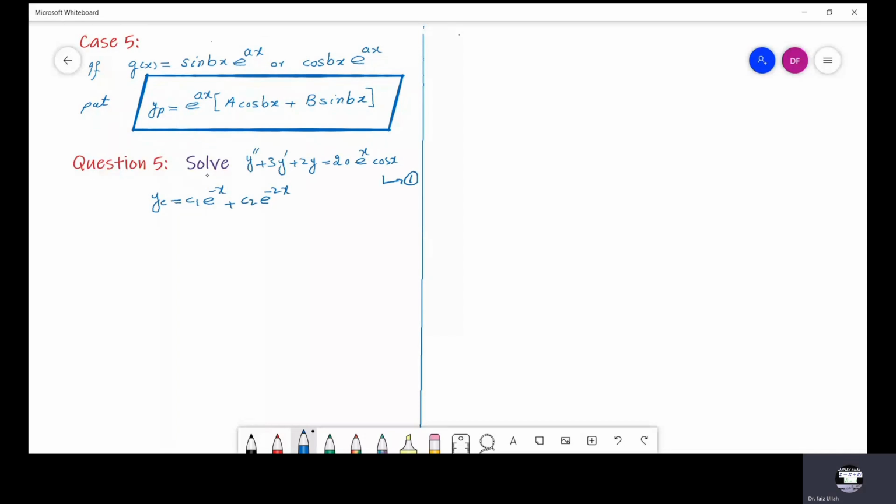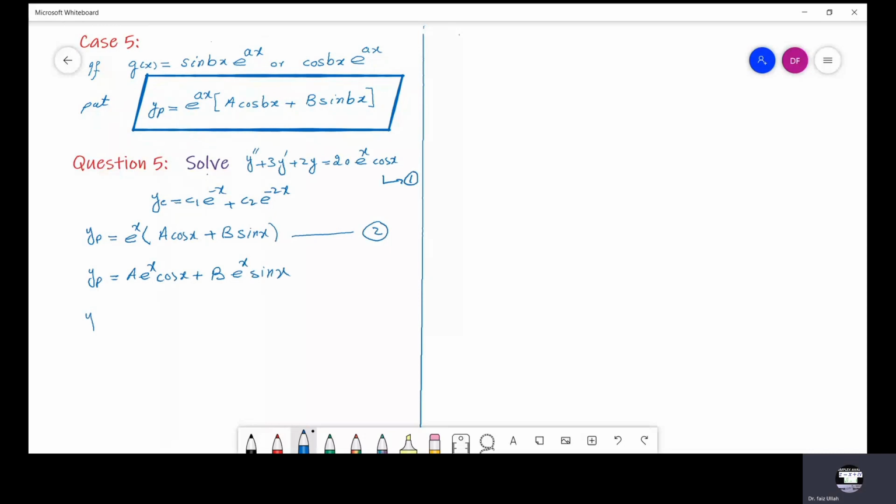And according to case number 5, yp is equal to e power x into a cos x plus b sine x. Let us say this is equation number 2. Yp can also be written as a e power x cos x plus b e power x sine x.